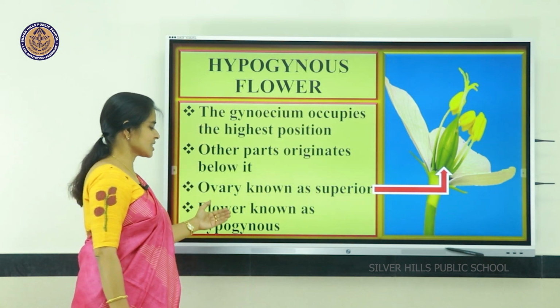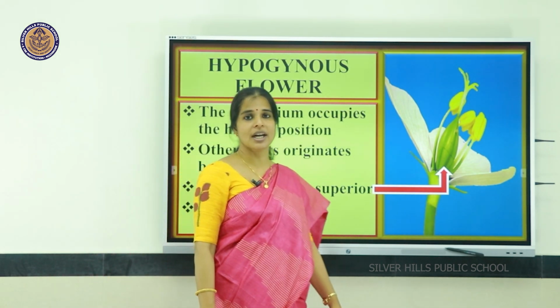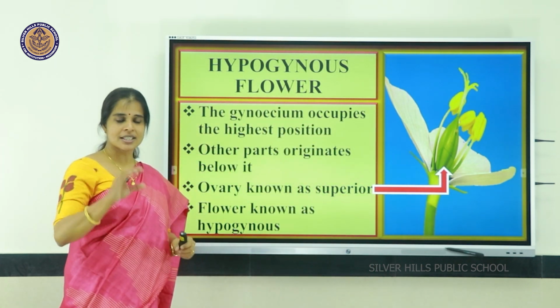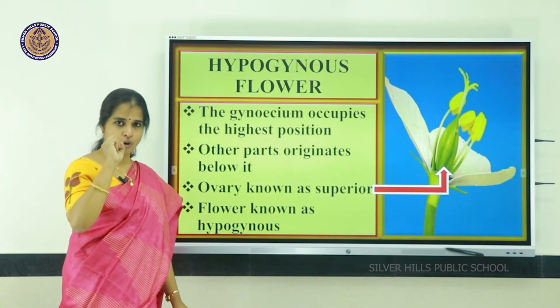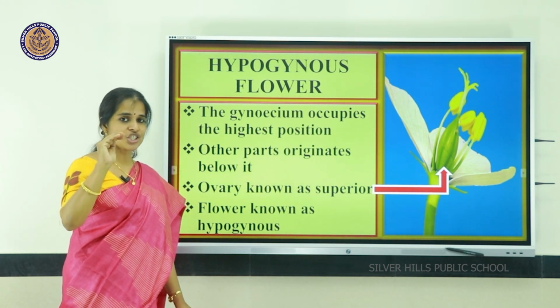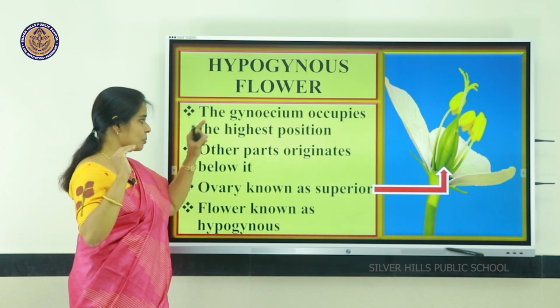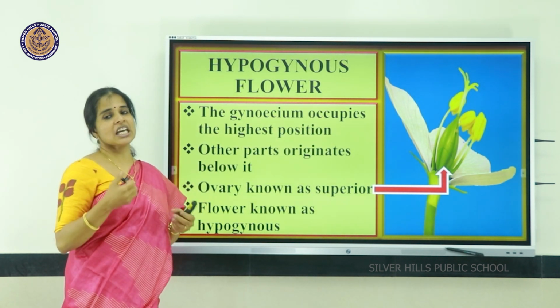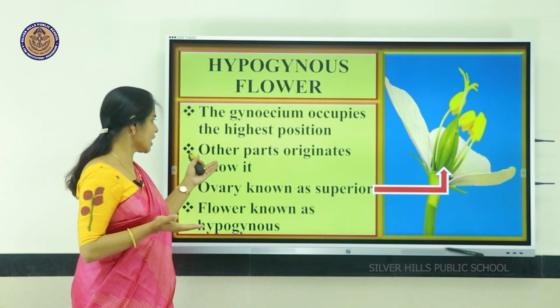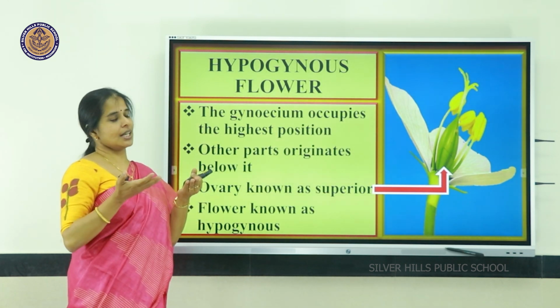In such a case, the flower is known as hypogynous flower. So, once again, hypogynous flower means all the 4 floral parts are present in a flower. Of this, the gynoecium is seen at the highest position. The rest 3 floral parts are originating from the base of the gynoecium or below the gynoecium.